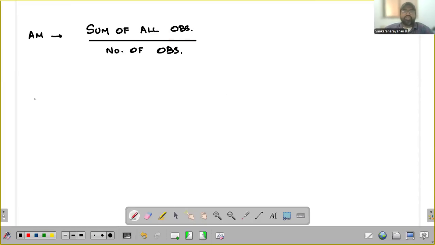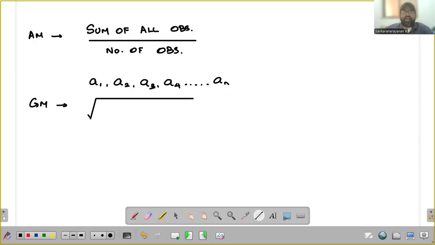Now, how about geometric mean? Suppose we have some n observations: A1, A2, A3, A4, etc. up to An. How will you calculate the geometric mean of these observations? Please be aware, the geometric mean will be the nth root of A1 into A2 into A3 into etc. up to An.